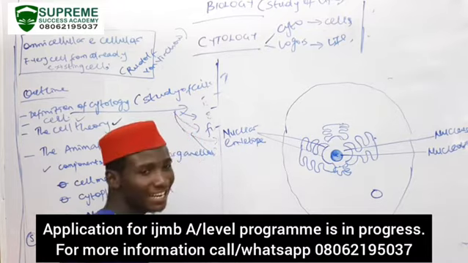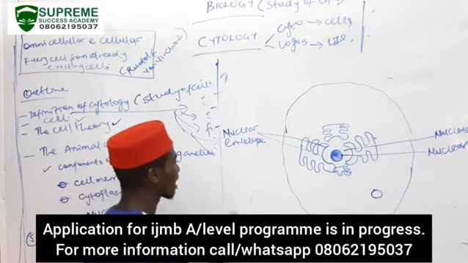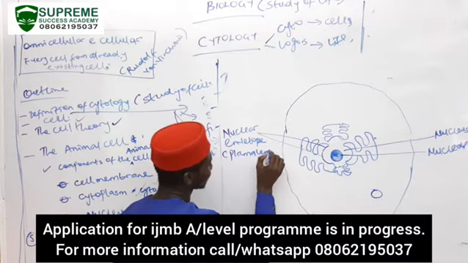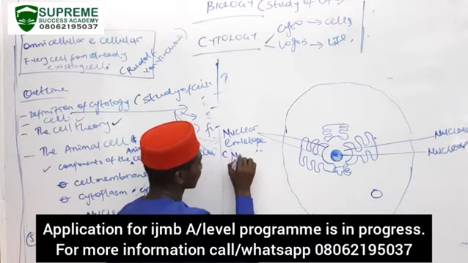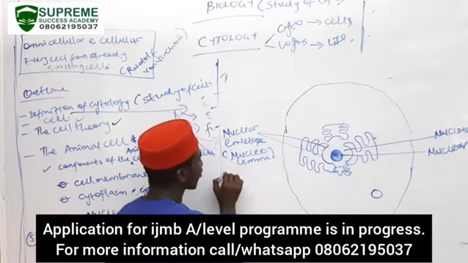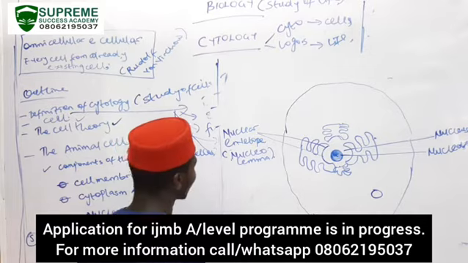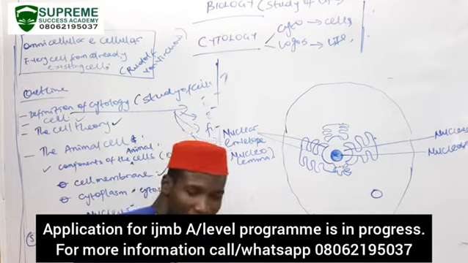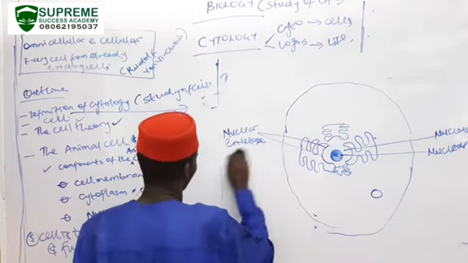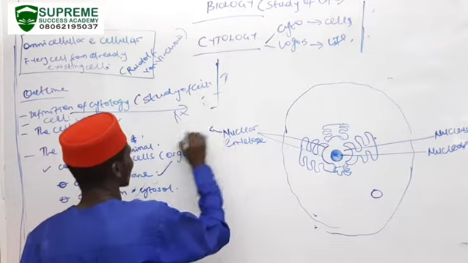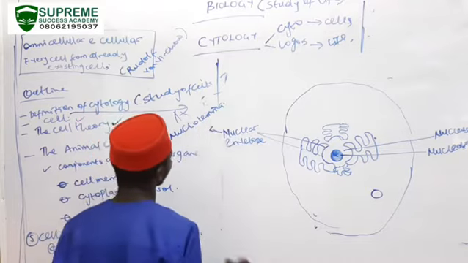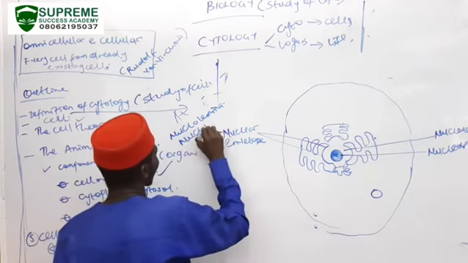Some literatures may describe it as the nucleolemma, or we call it the nuclear envelope. So it has three names. Either you call it the nuclear envelope, or you call it the nucleolemma, or the nuclear membrane.